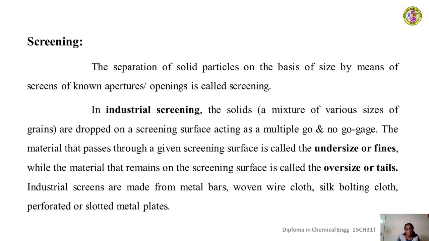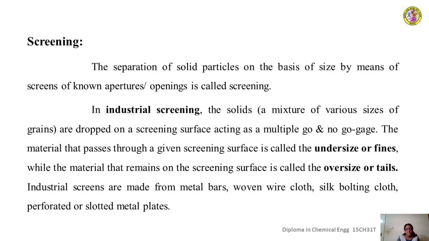Coming to the definition of screening, it is a method of separating solid particles based on their size by using screens of known opening sizes or apertures. That method is called screening.